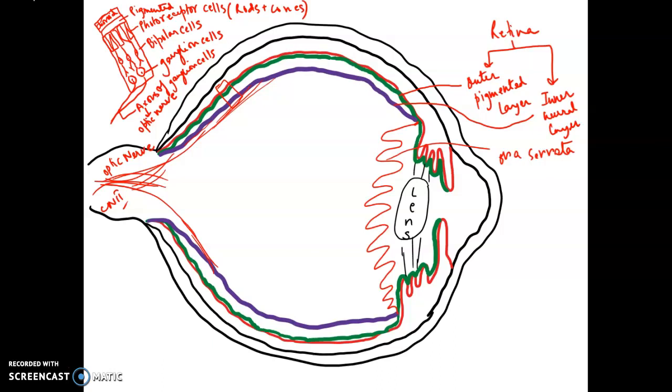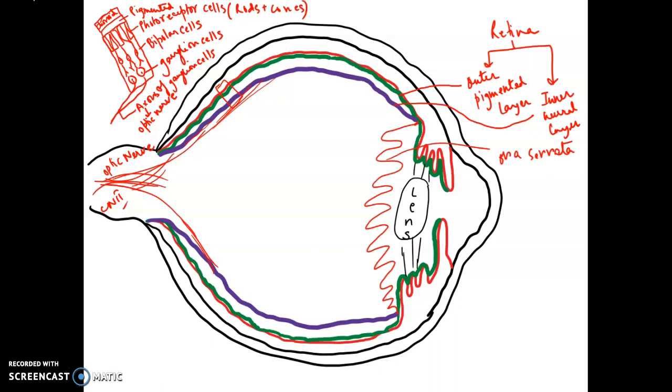Very superficially, we have photoreceptor cells, which are made up of two types of cells, rods and cones. We will talk about rods and cones in a bit. The rods and cones synapse with bipolar cells. These are bipolar neurons, which are found in the retina of the eye. The bipolar cells in turn synapse with ganglion cells, and the axons of the ganglion cells come together to form the optic nerve.